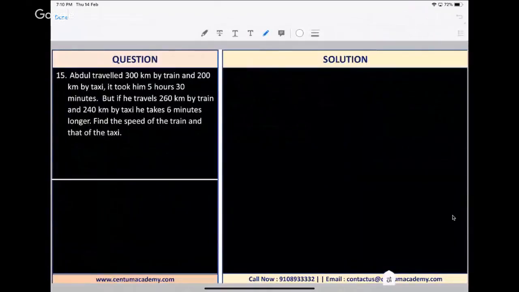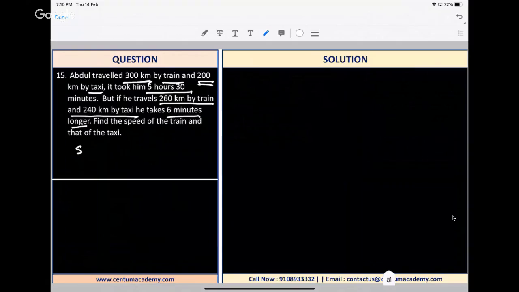Okay, now distance, speed, time. Abdul traveled 300 kilometers by train and 200 kilometers by taxi. It took him 5 hours 30 minutes. But if he travels 260 kilometers by train and 240 kilometers by taxi, he takes 6 minutes longer. Find the speed of the train and that of the taxi. So whatever is required, you assume that to be the variable.